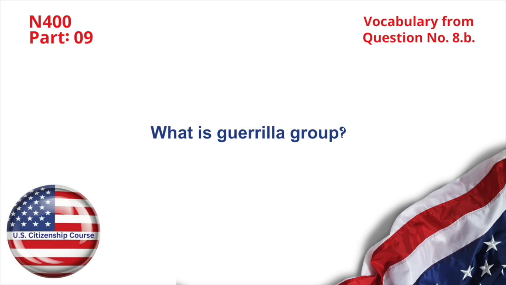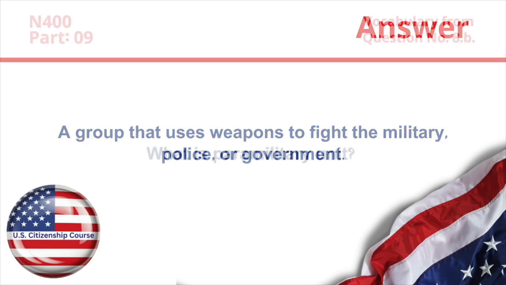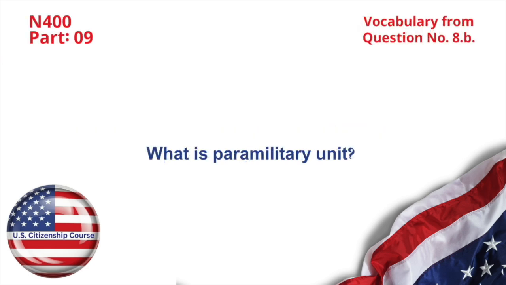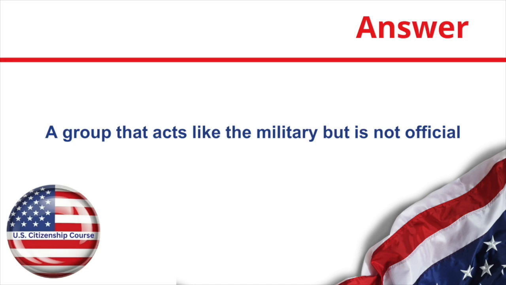What is guerrilla group? A group that uses weapons to fight the military, police, or government. What is paramilitary unit? A group that acts like the military, but is not official.